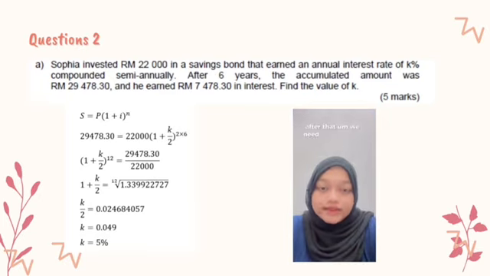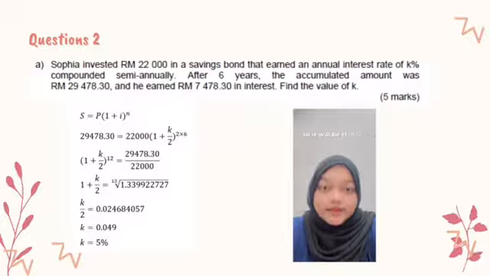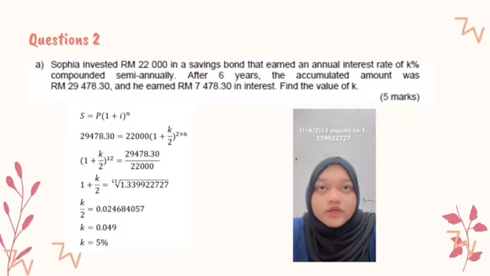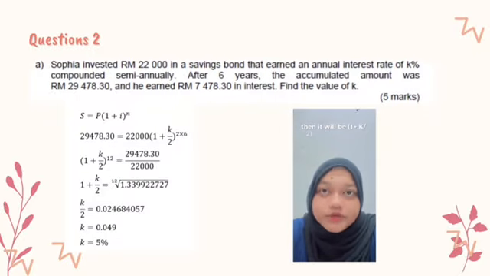After that we need to take all of the P to the front. So it will be (1 + k/2)^12 = 29,478.30 / 22,000. So it will be (1 + k/2)^12 = 1.3399222727. Then 1 + k/2 equals the 12th root of 1.3399222727.